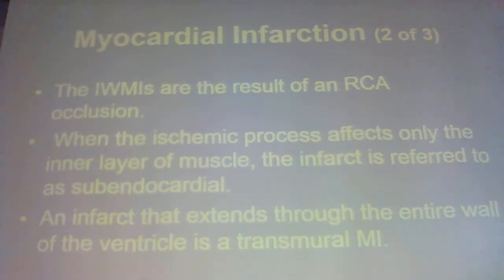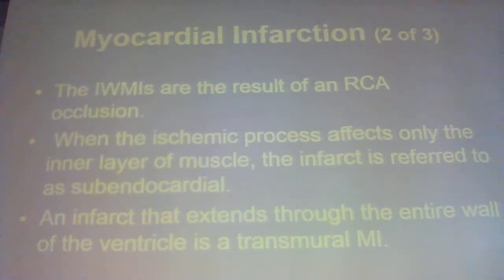It's not perfused, so it's electrically silent. So what you see is you get this impulse that starts here and goes this way, and then a little bit of electricity leaks out here, and it causes that. That's a pathological Q wave.